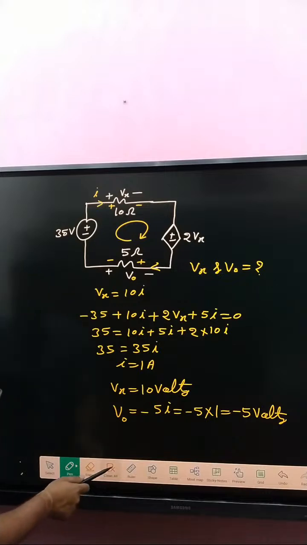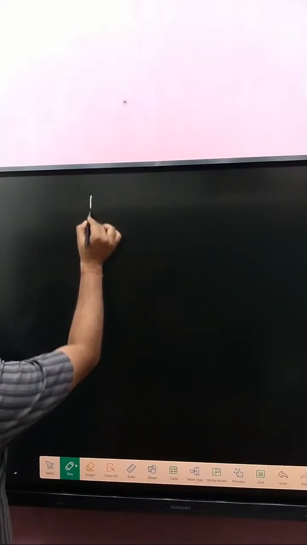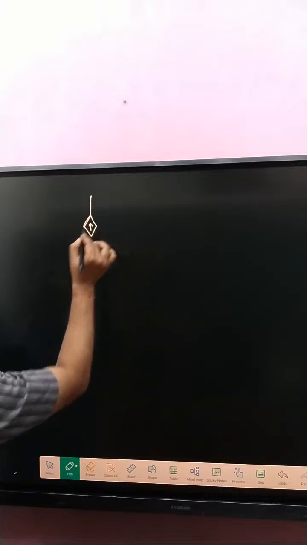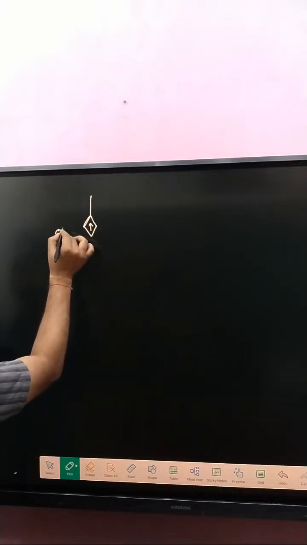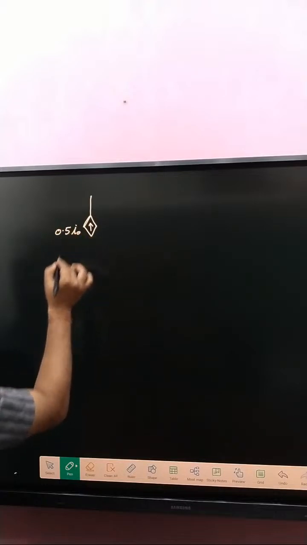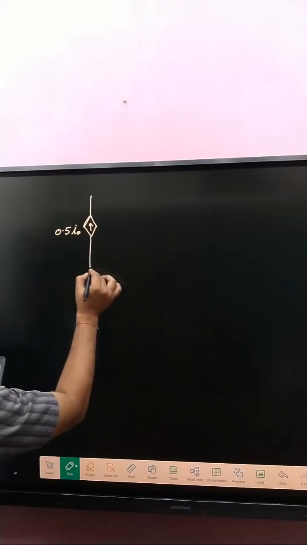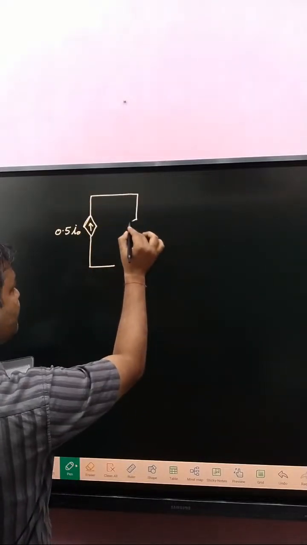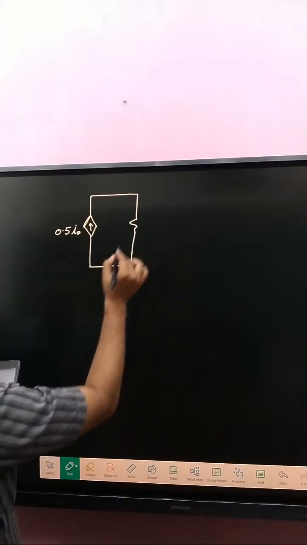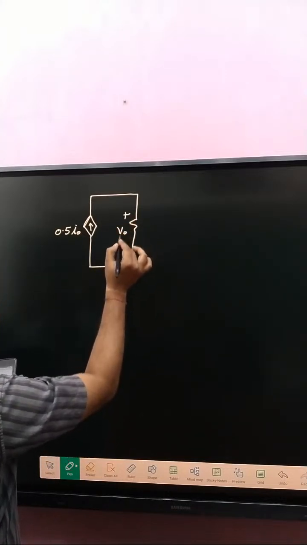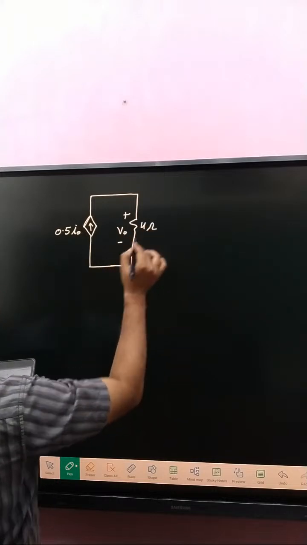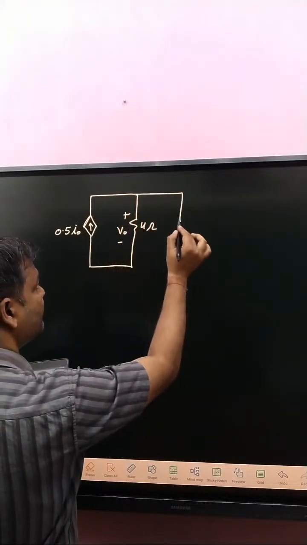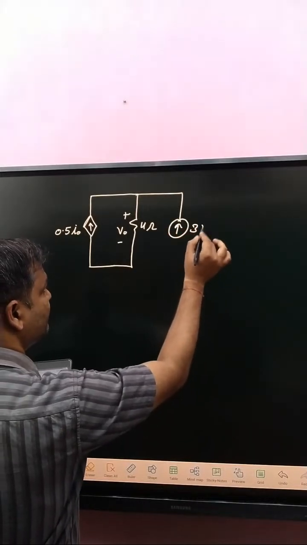Now the next problem is that one. Current direction upward, that is 0.5 into I naught, in parallel with a source, and that one is plus minus V naught, and here 4 ohm, and here that is 3 ampere.